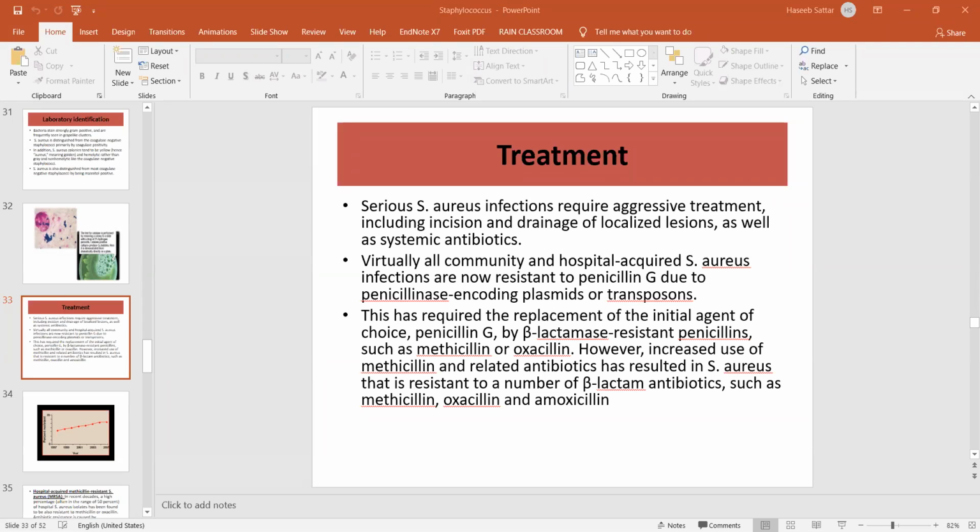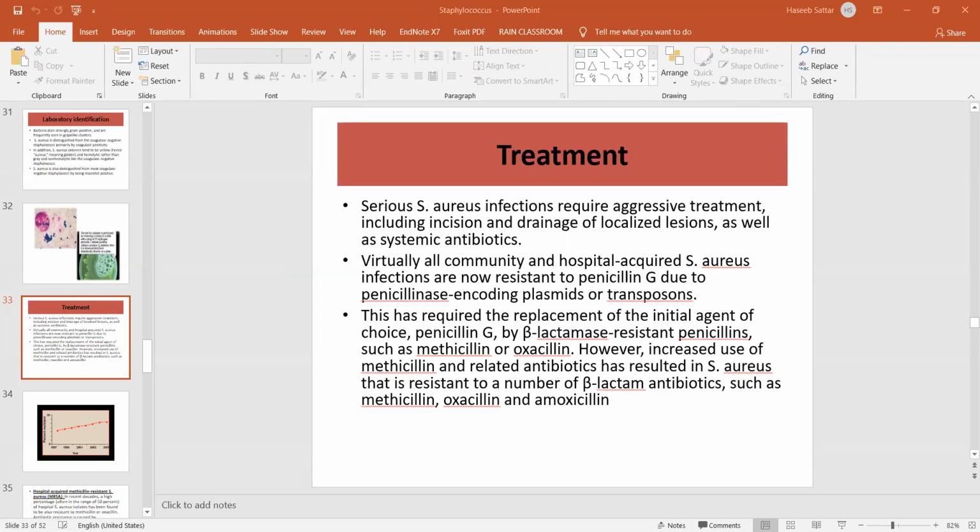But the problem with this bacteria is antibiotic resistance. According to their acquired antibiotic resistance, we can classify this resistance into two categories.